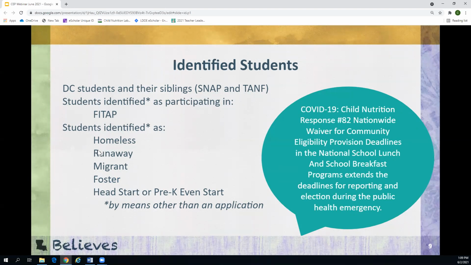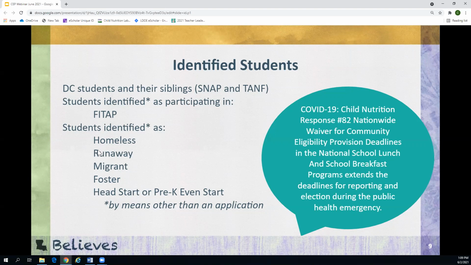Additionally, students that are identified as participating in FITAP, and then if we have students that we've identified as homeless, runaway, migrant, foster, or Head Start, or Even Start by means other than an application.